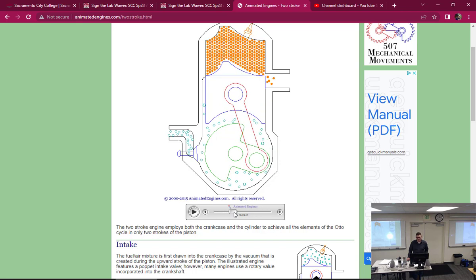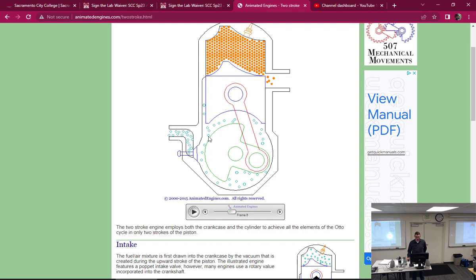Exhaust. So what it does is it uses reed valves on the intake and porting on the exhaust. So this is a little poppet valve right here that is spring-loaded. I think my Honda had actual reed valves. They were just spring steel that would come open under pressure. So the piston goes down far enough and it's starting its exhaust. Well, what about compression? Let's talk about compression while we're here.